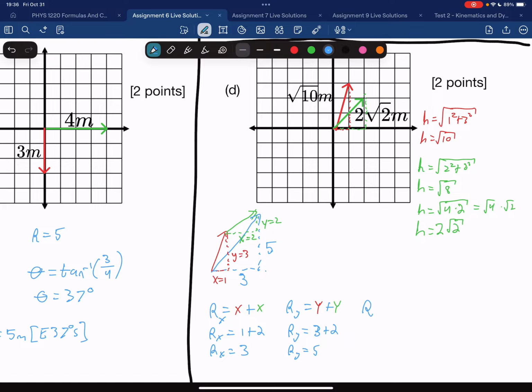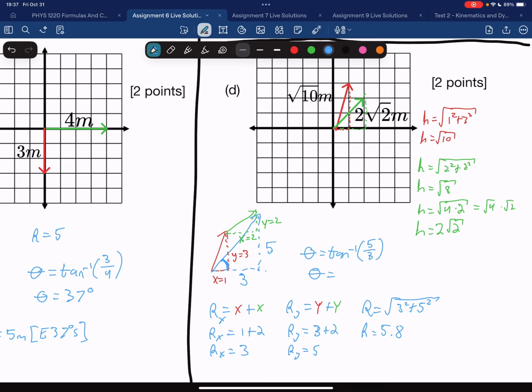So we have r equals square root of 3 squared plus 5 squared. And our resultant is about 5.8. Again, like normal, theta equals the inverse tangent, the opposite over the adjacent. We're looking at this angle inside here. Opposite is 5, adjacent is 3.